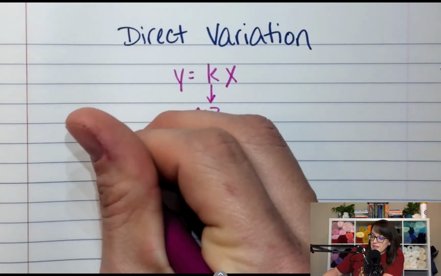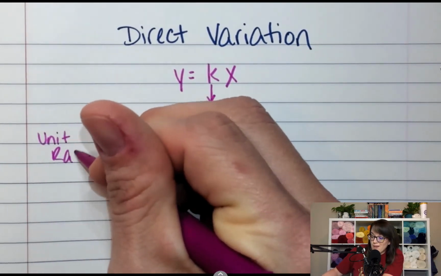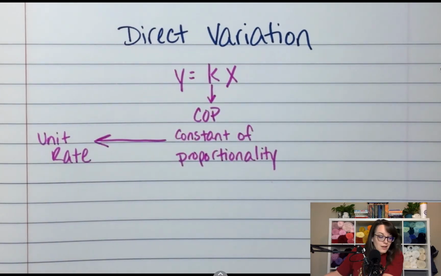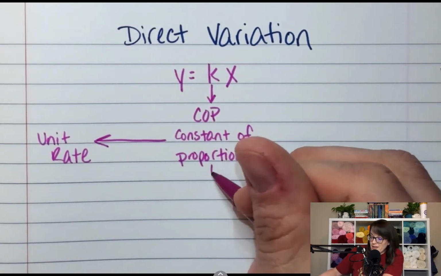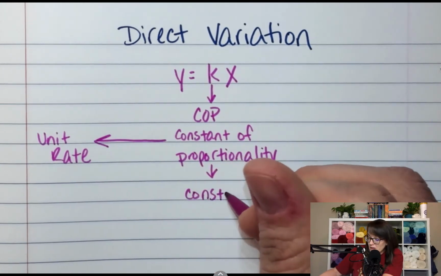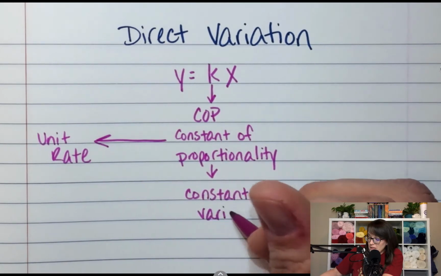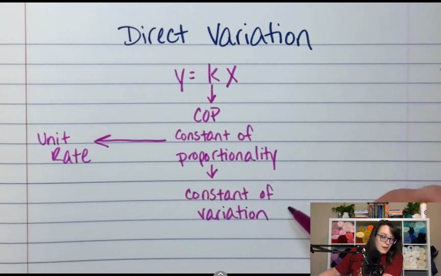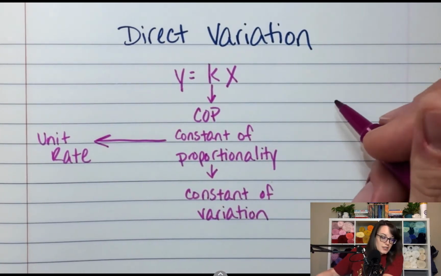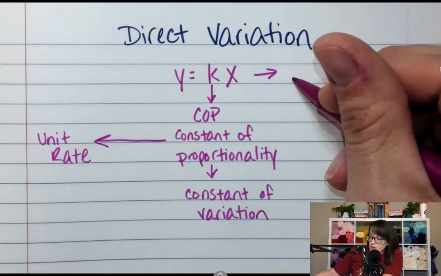That's just another way to say unit rate, which is how much one thing is. And the constant of proportionality is just another way to say constant of variation. And all of these are just different ways to say that this relationship is going to be proportional.